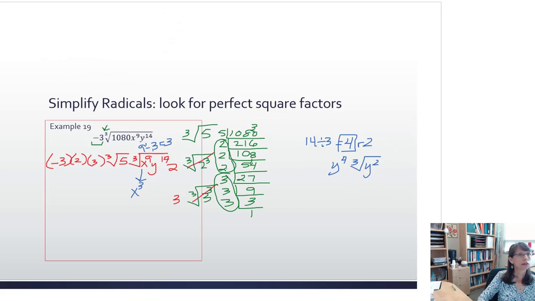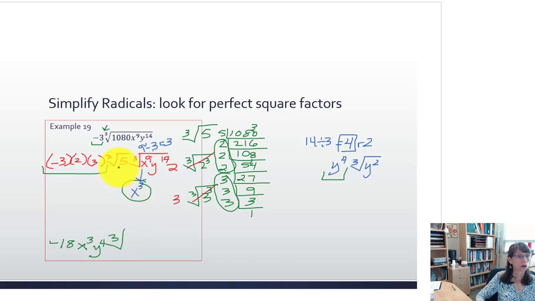So let's put it all together. I have negative 3 times 2, which is negative 6 times 3 is negative 18. Then our variables that have cleared the radical would include x cubed. And then remember over here we had y to the 4th. And now we want to see how much is left under the cube root.